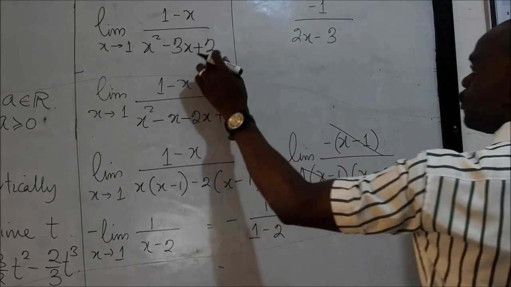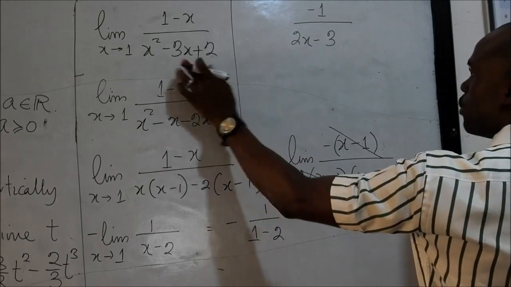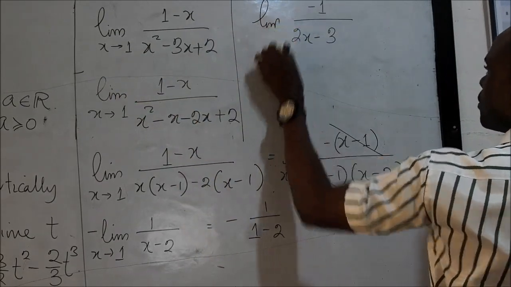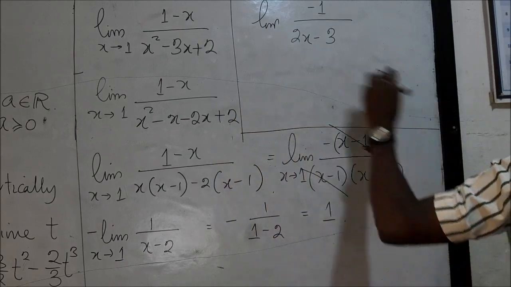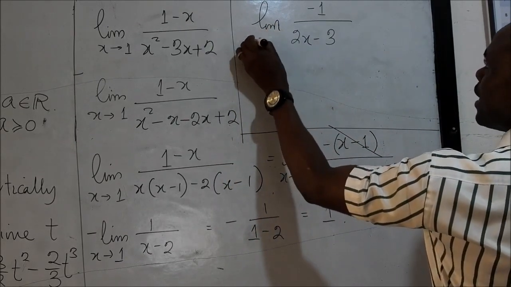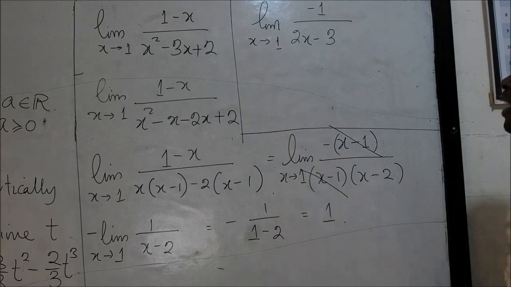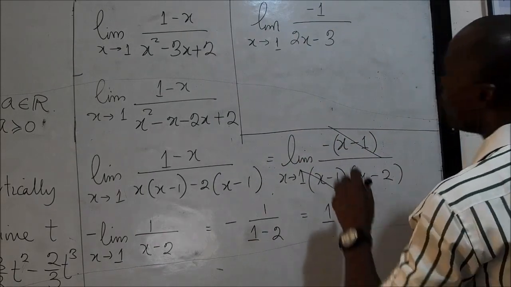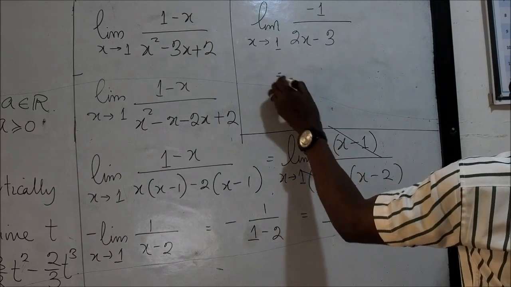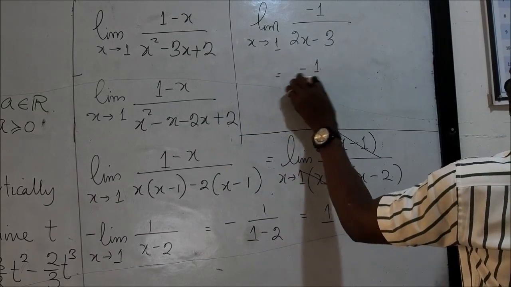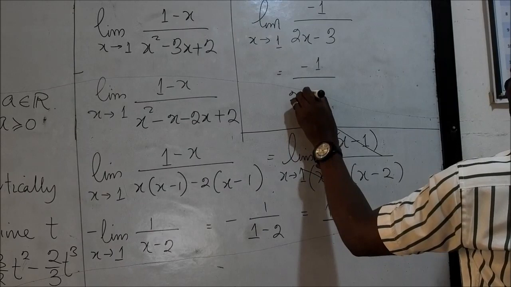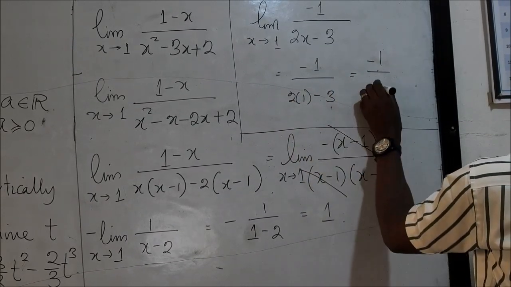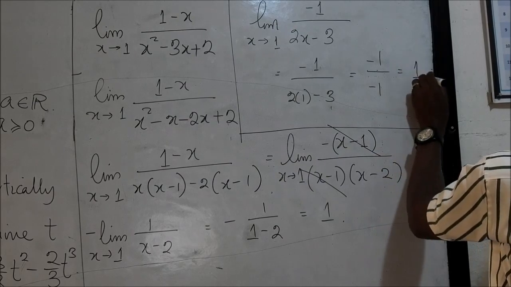If we differentiate, this 2 is going to give us 0, this is going to give us minus 3, and this is going to be 2x. And we have the limit as x tends to 1. So by L'Hôpital, we can substitute our value and have this give us minus 1 over 2 times 1 minus 3. And that's going to be minus 1 over minus 1, which is equal to 1.